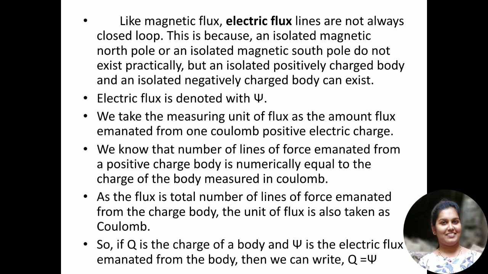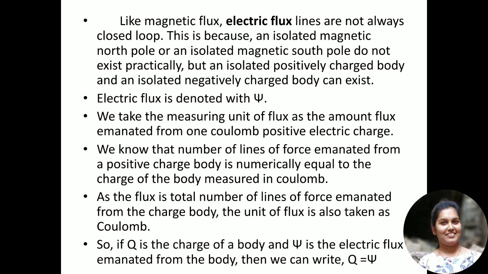Whenever we represent a magnet, we show it as north pole and south pole in combination. We don't represent it as a single north pole or single south pole. So an isolated magnetic north and south pole do not practically exist, but an isolated positive charged body and an isolated negative charged body can exist.